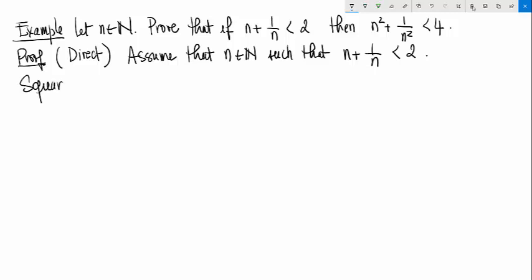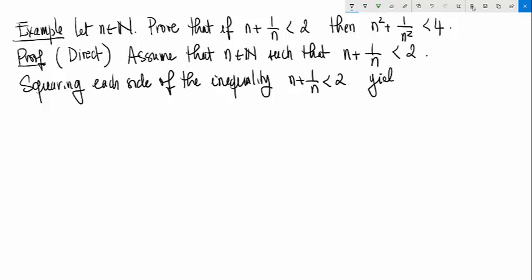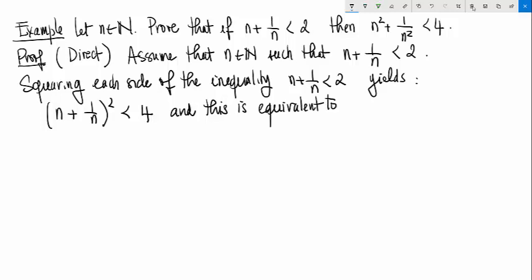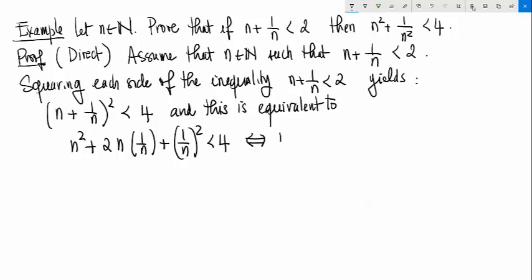So squaring each side of the inequality n plus 1 over n is less than 2 yields that n plus 1 over n squared is less than 4, and this is equivalent to n squared plus 2n times 1 over n plus 1 over n squared is less than 4, which is equivalent to n squared plus 2 plus 1 over n squared is less than 4, and this is equivalent to n squared plus 1 over n squared.